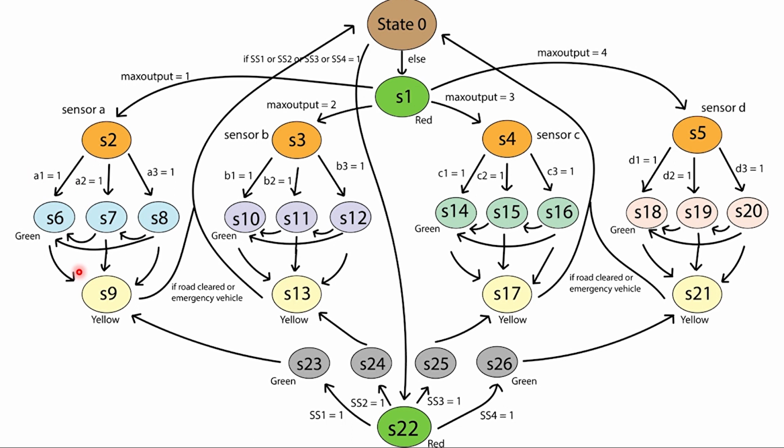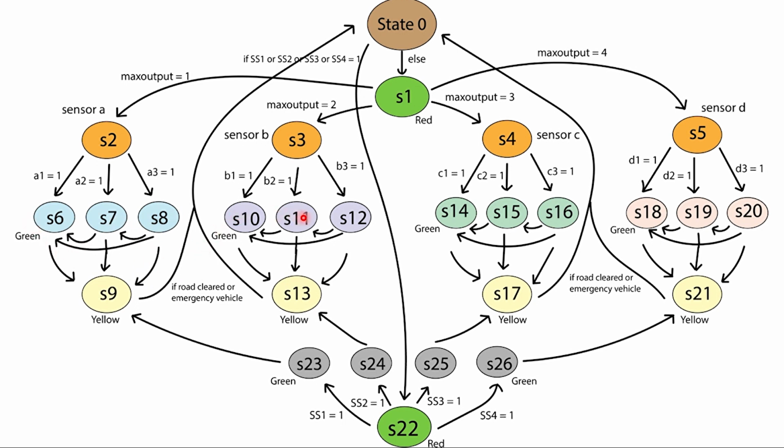Also, it is possible to move to S6 and S7 from S8 and to S6 from S7 in case the traffic is being cleared on road A. For example, if there is a huge traffic on road A, so we are in S8. After a while, the traffic starts to clear up, so we gradually move to S7 and then S6.